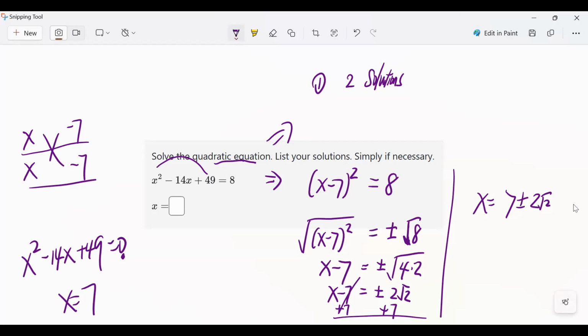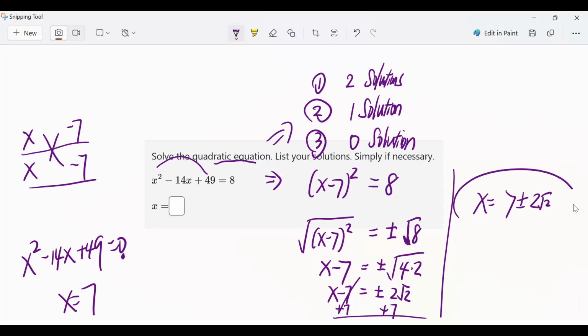So this second case will be one solution: a repeated solution, we count it as one solution. And the third case is zero solutions. Remember, we're going to talk about the quadratic formula in a second. So basically, that's our approach. Now in this case, this is the answer: 7 plus or minus 2 radical 2.